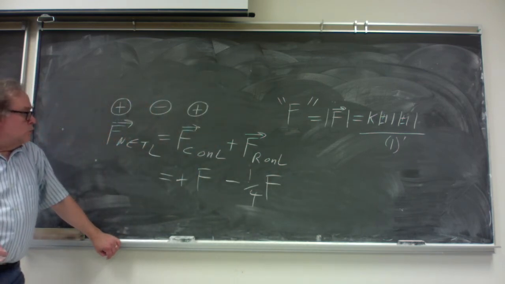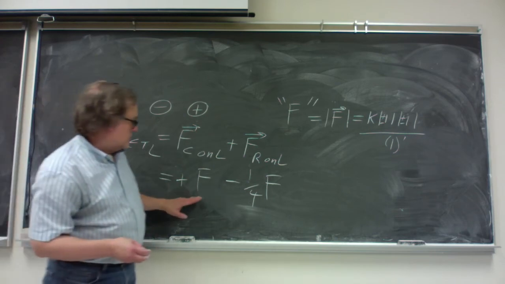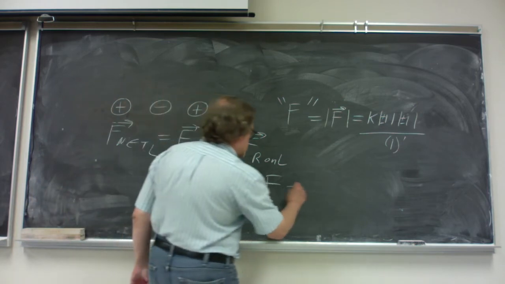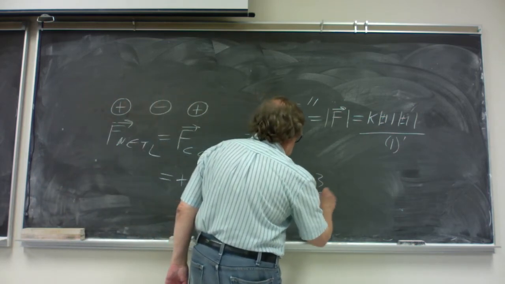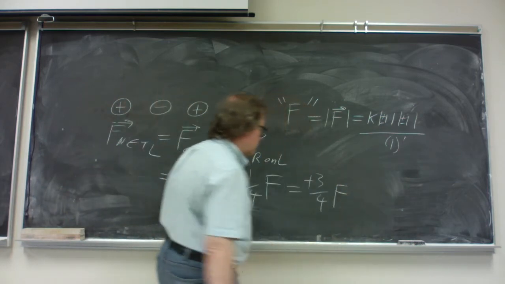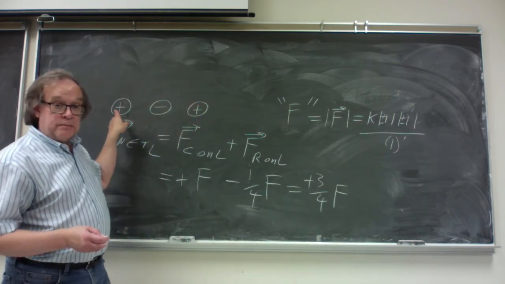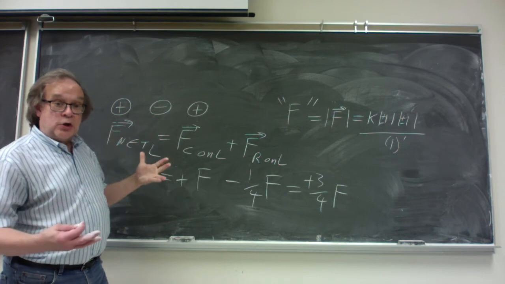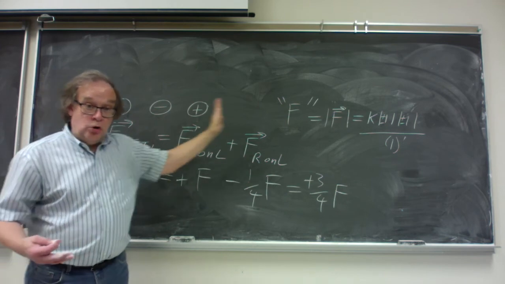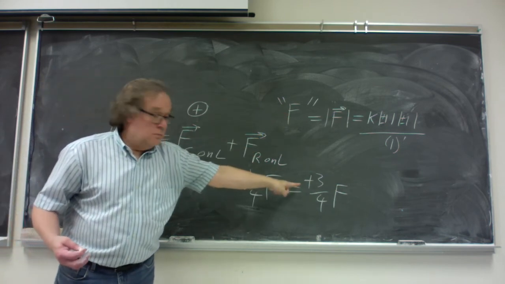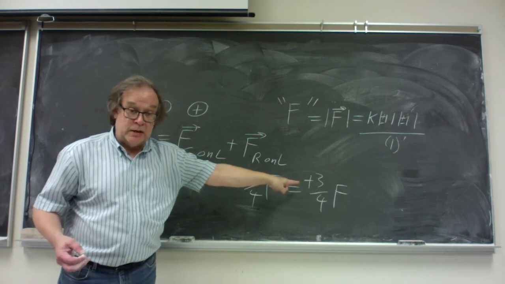So now, what do we have? In this case, the net force acting on the left-hand charge is the sum of these two, which is positive 3/4 F. In other words, the net result is that this one is pulled to the right. Net force points in the positive direction.